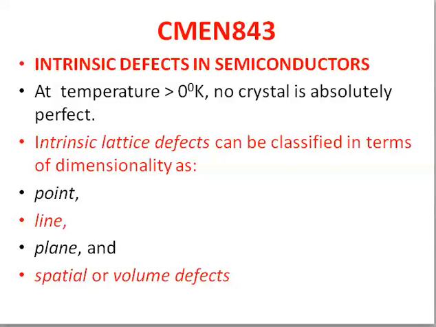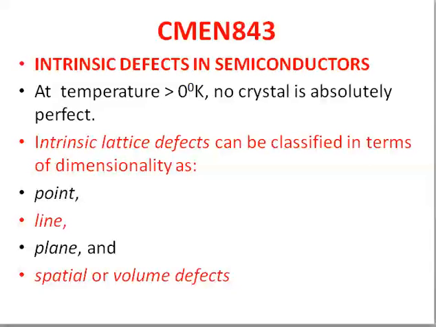Today we are going to look at what we call defects, intrinsic defects in semiconductors. As you all know, the electronic materials that are used are called solid state electronics because they are in a solid state.